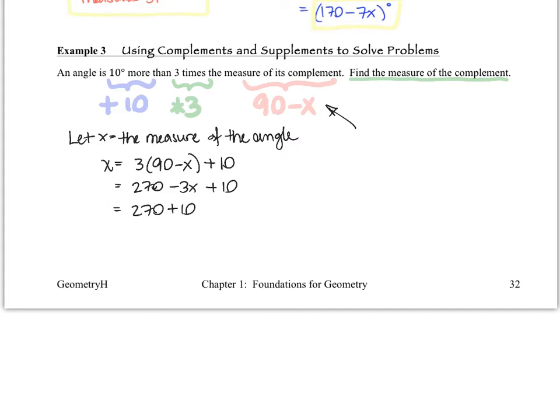And so we're going to have x over here plus 3x, giving us 4x is equal to 280, and that means we divide both sides by 4 and end up with x is equal to 70. Now remember, our angle is 70, but what we want to find is the measure of the complement. So the measure of the complement is going to be 90 minus our angle measurement, which is 20 degrees. And that is our final answer.